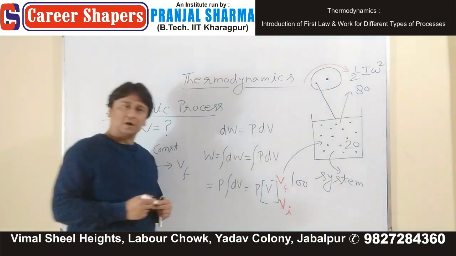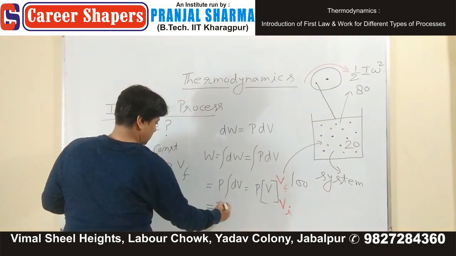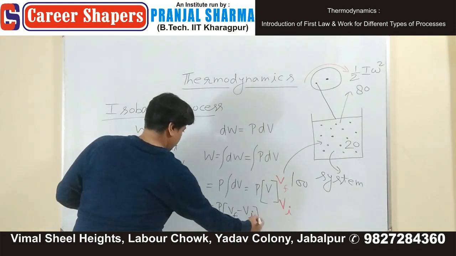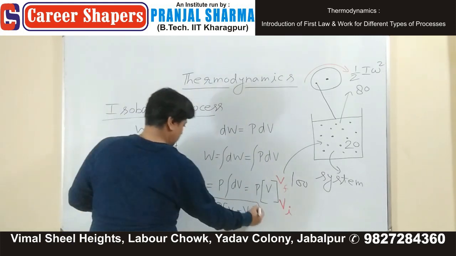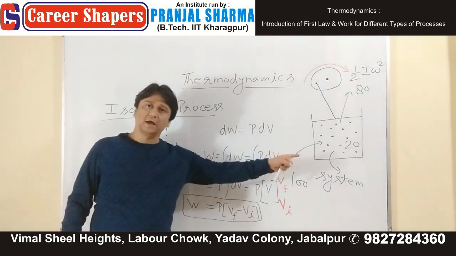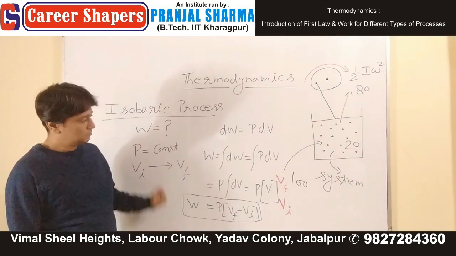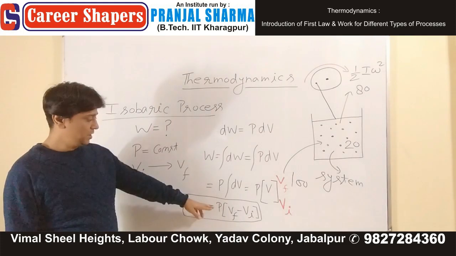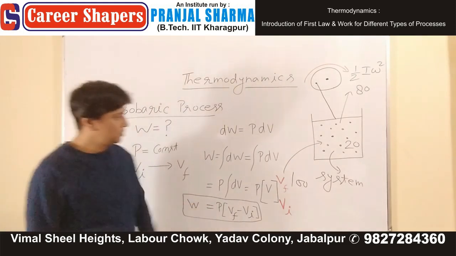Lower limit, upper limit. How do we put limits? V final minus V initial. This is work done by the system or a gas in an isobaric process. Very easy derivation. P times V final minus V initial.